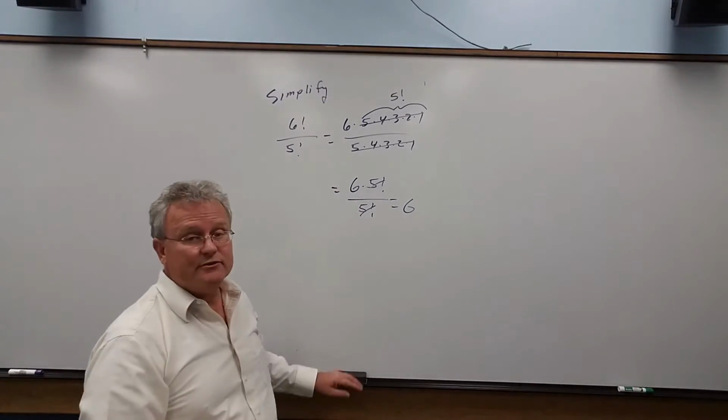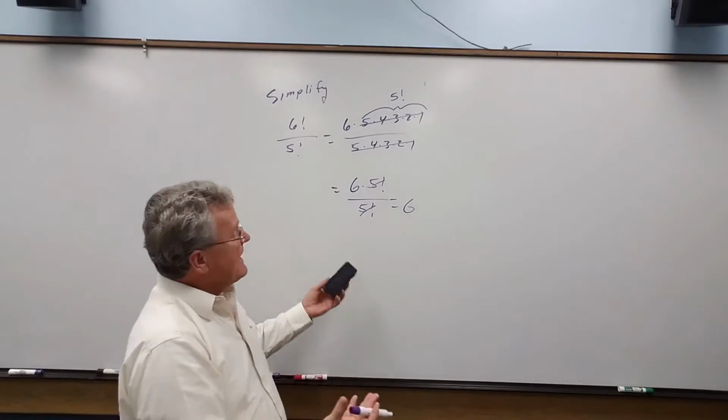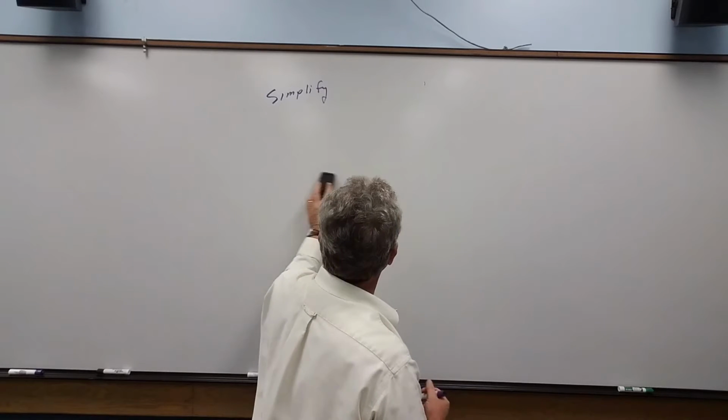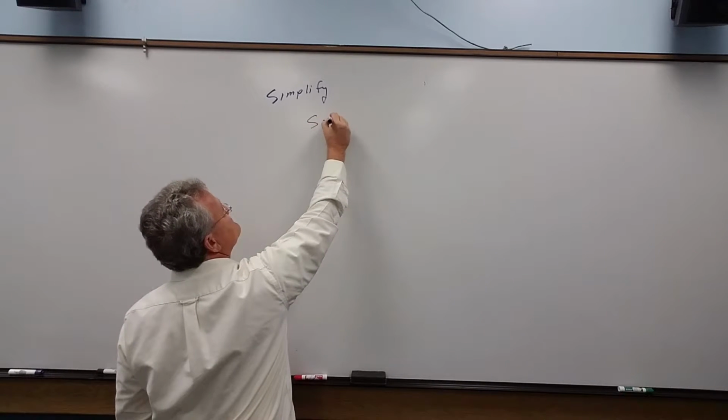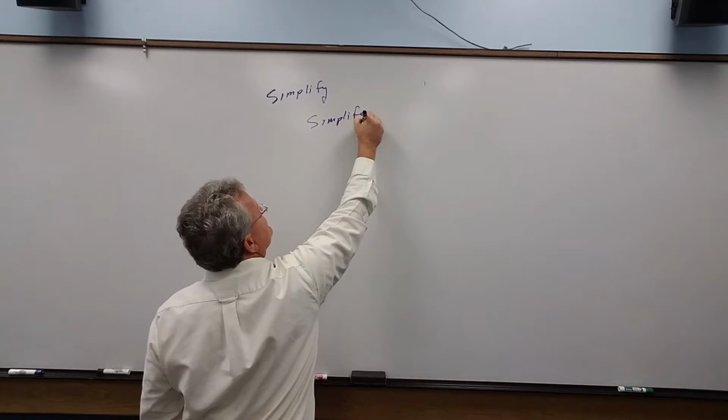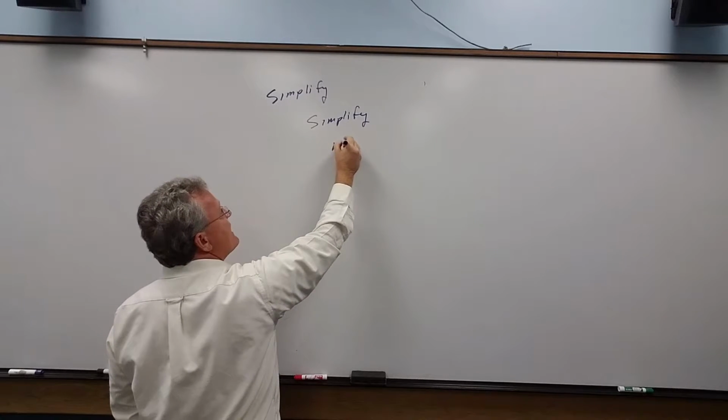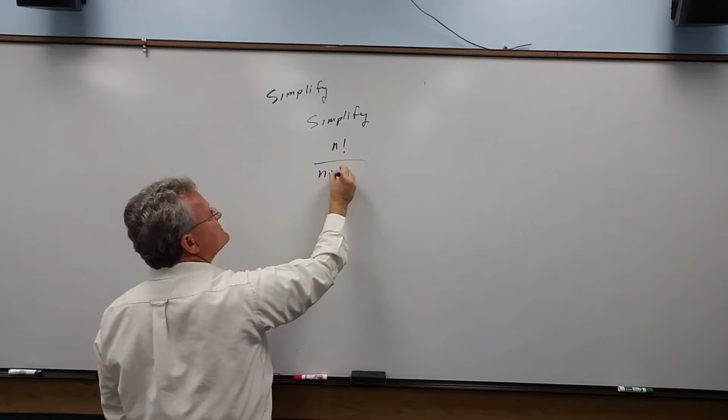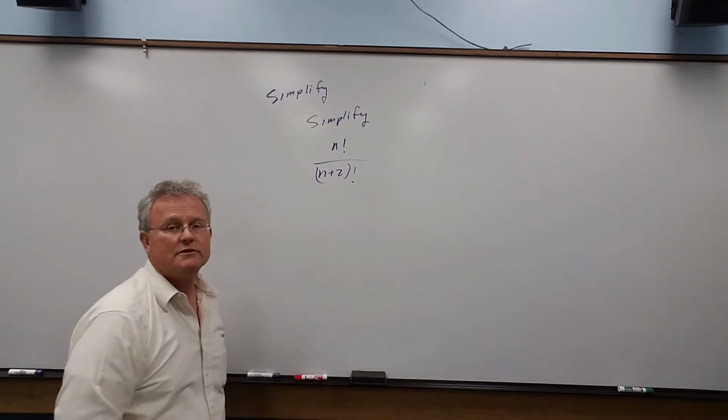Then I continue and put in the n, and let's say we want to simplify n factorial over n plus 2 factorial.